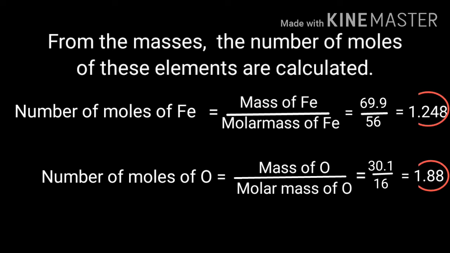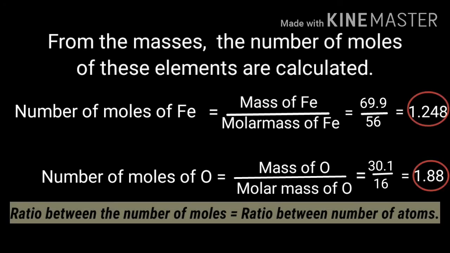So, these are the relative number of moles of iron and oxygen. The ratio between number of moles will be equal to the ratio between number of atoms. So, we are finding the simplest ratio between number of moles.